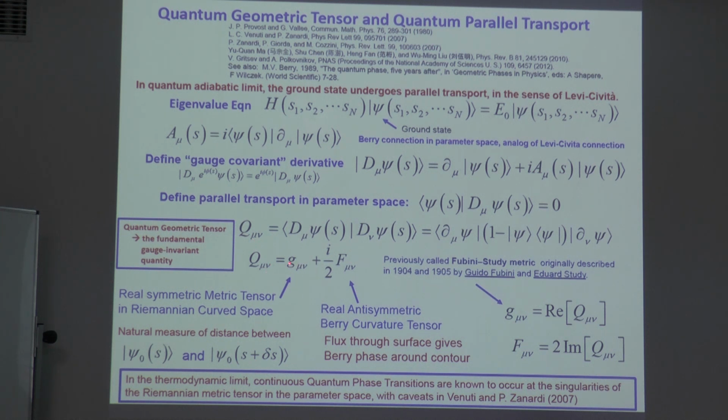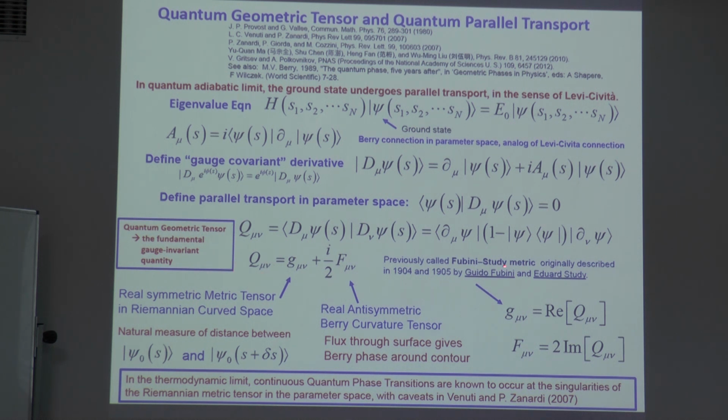It has a real symmetric tensor in the Riemannian space of parameters, that's G mu nu, and the imaginary part is an antisymmetric tensor, which is the Berry curvature. So this has some very deep meanings in quantum mechanics.